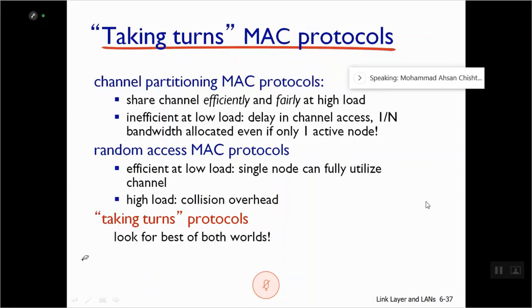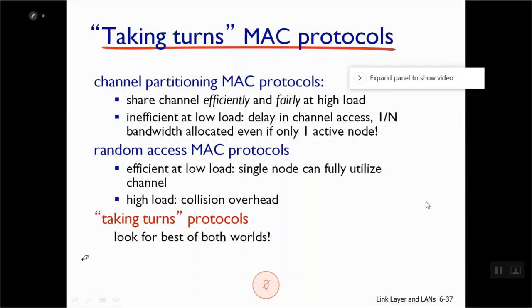Channel partitioning had one of the properties, random access had another property. That's why we have a third important protocol, the taking turns protocol, which shares the channel efficiently and fairly at high loads.